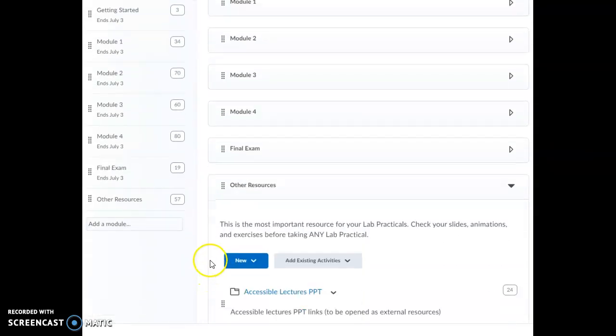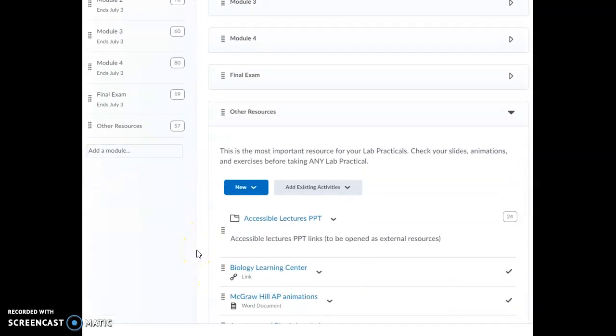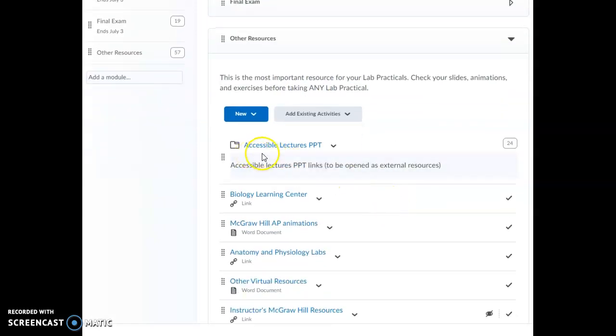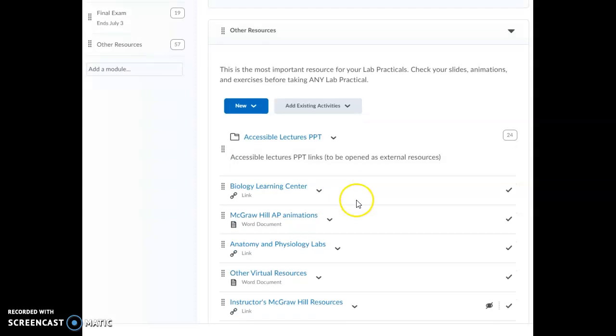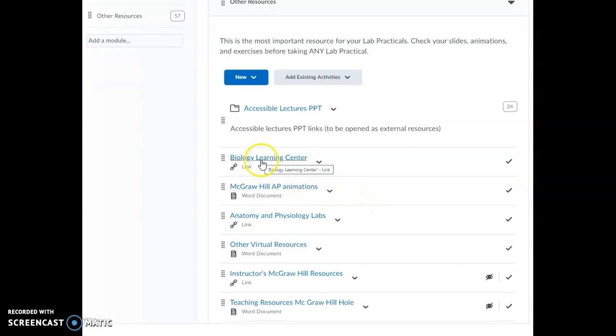The other useful thing should be other resources, and here you have every single lecture in PowerPoint. You have the Biology Learning Center, and by the way, this link is gonna be used around 80% for each lab practical.